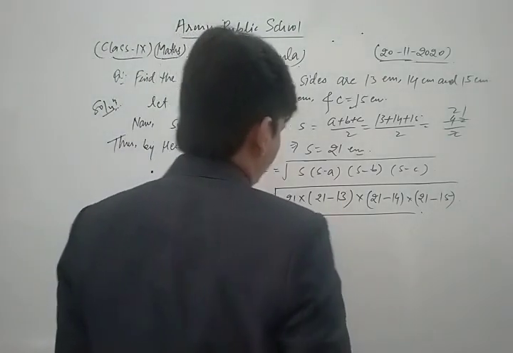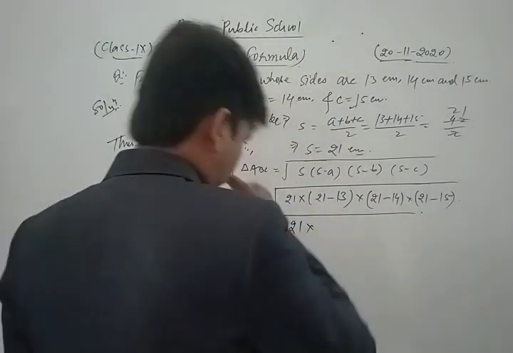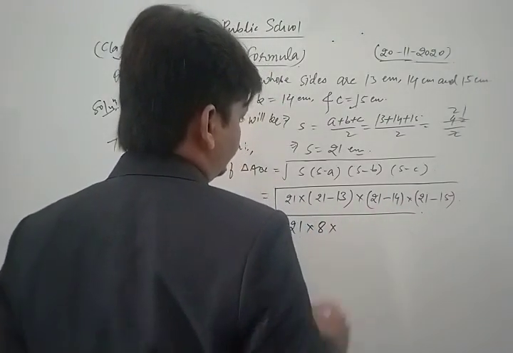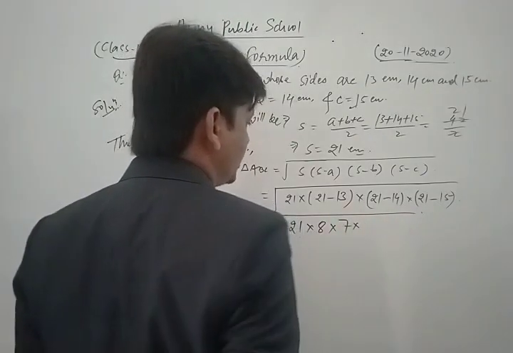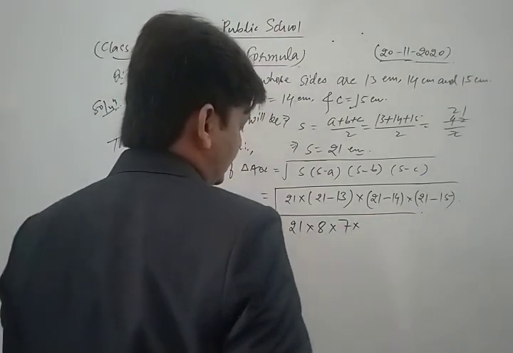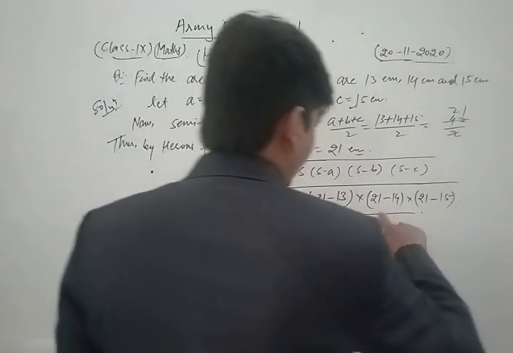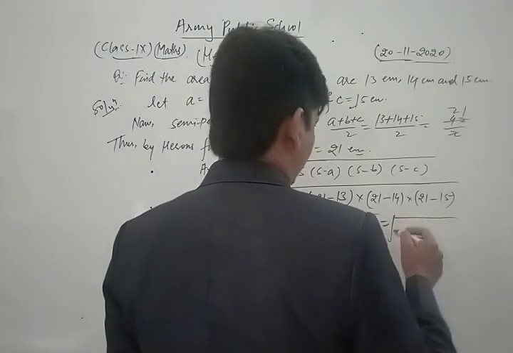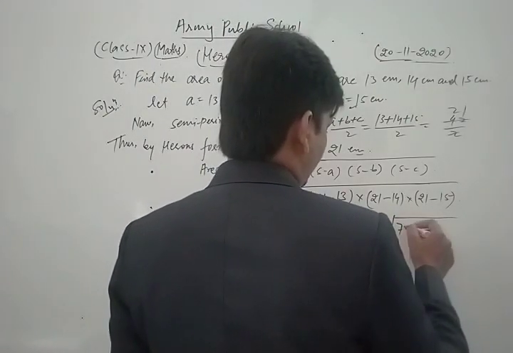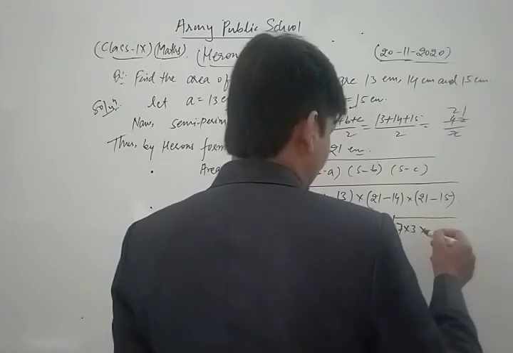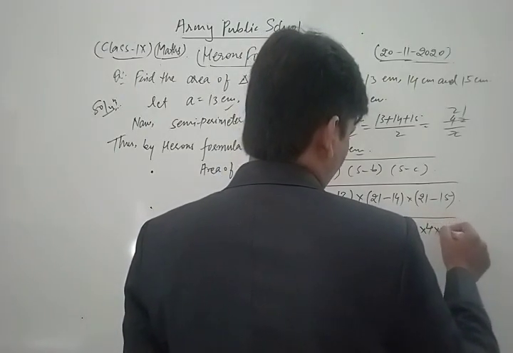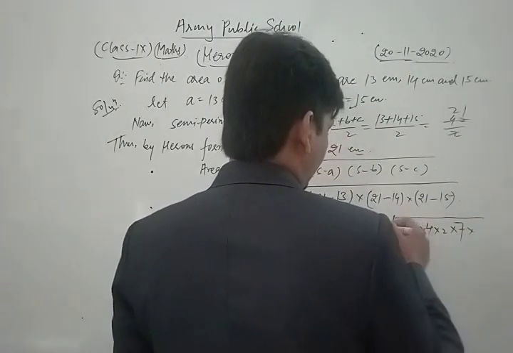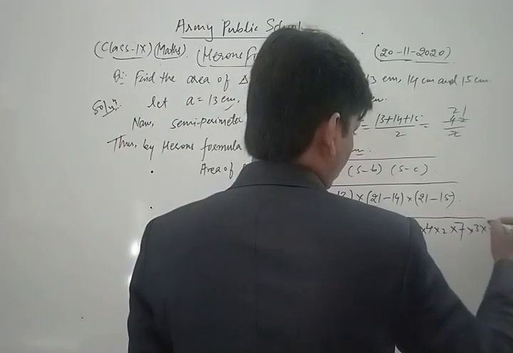So this is 21 into 21 minus 13, which is 8, into 21 minus 14, which means 7, into 21 minus 15, which is 6. Now we write 21 as 7 into 3, we write 8 as 4 into 2, and we write 7 as it is, and we write 6 as 3 into 2.